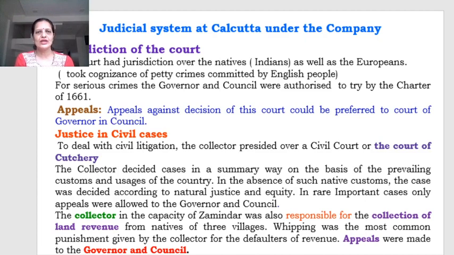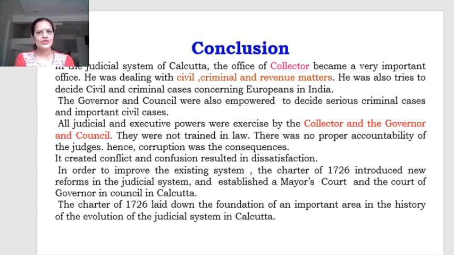So thus to conclude, in the judicial system of Calcutta, the office of collector became a very important office. He was dealing with civil, criminal and revenue matters. Means here there was concentration of power in one hand, that is in the collector.